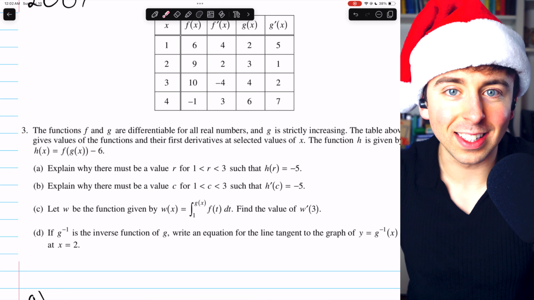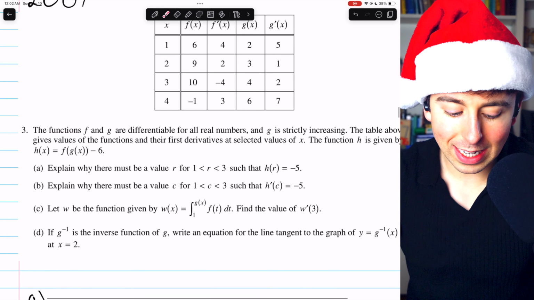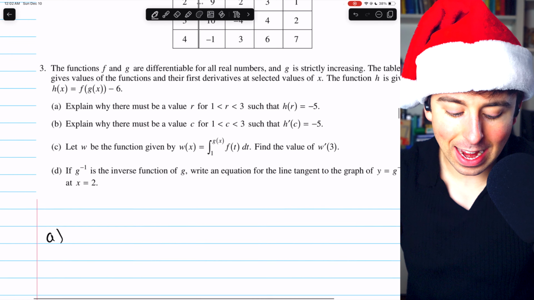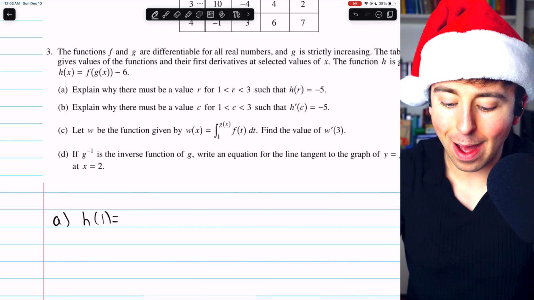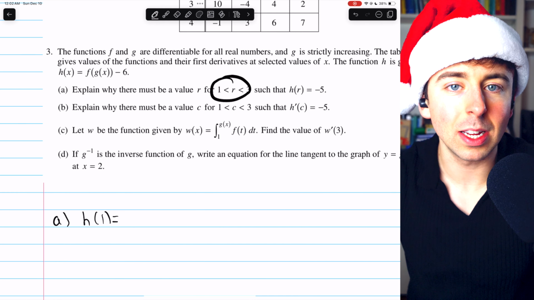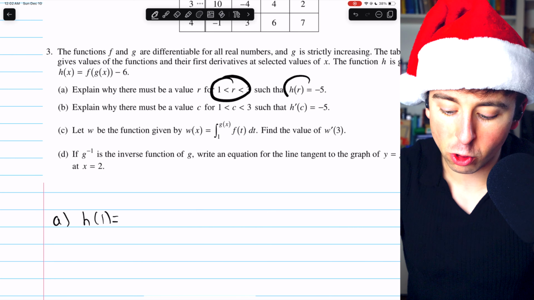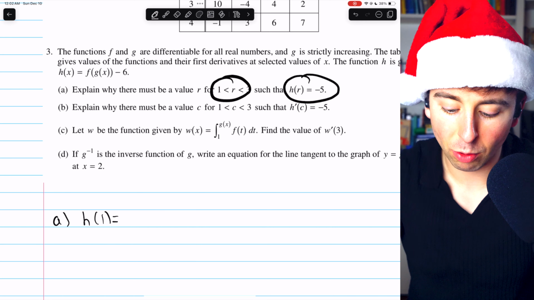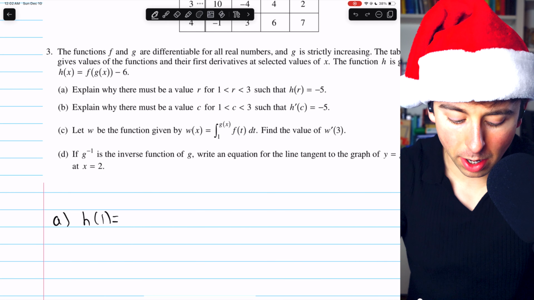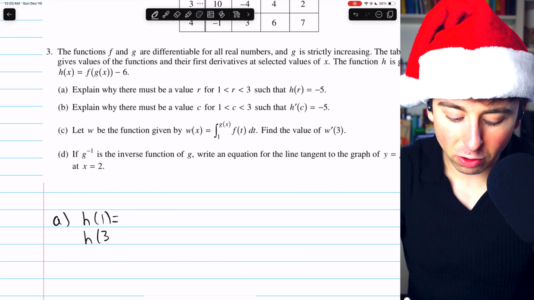Okay, so h is continuous, which means what we need to do is look at h of 1, because remember, we're concerned about what happens between 1 and 3. We want to show that h must equal -5 at some point between 1 and 3. So we're going to look at h of 1 and h of 3.